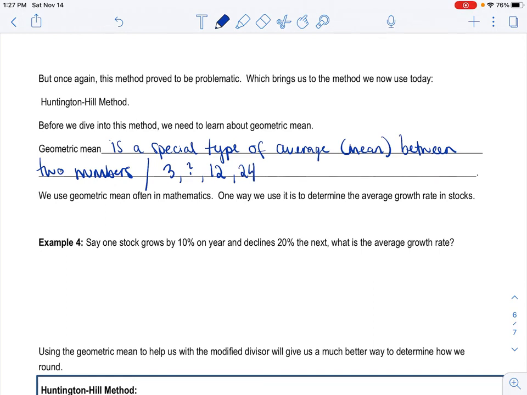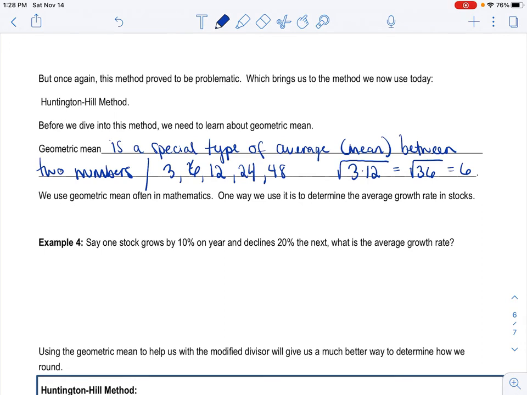Maybe I can recognize that I'm multiplying by 2 to get the next thing, though I would need more numbers to see that clearly. What you would do to figure out this question mark is multiply 3 times 12 and take the square root. So 3 times 12 is 36, and the square root of 36 is 6. So this value is 6.